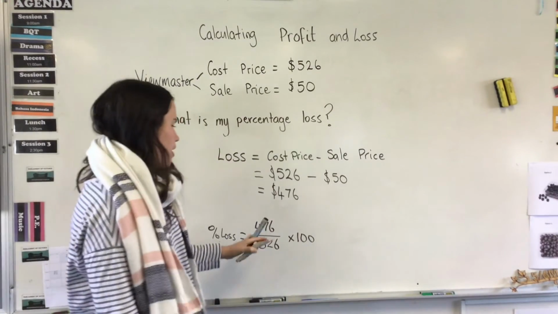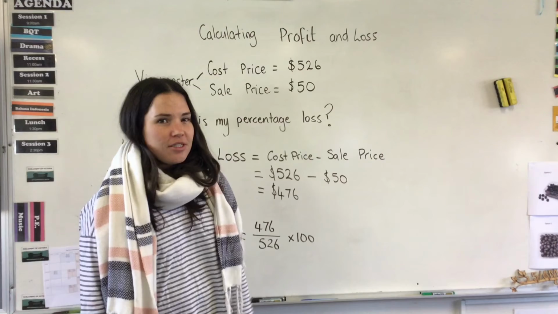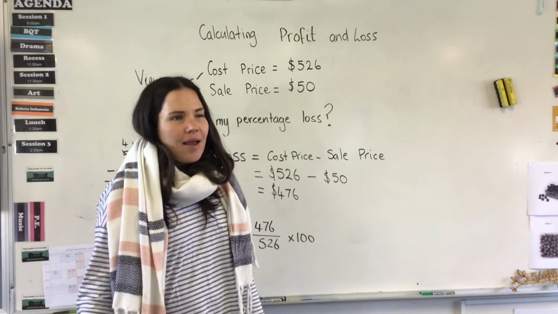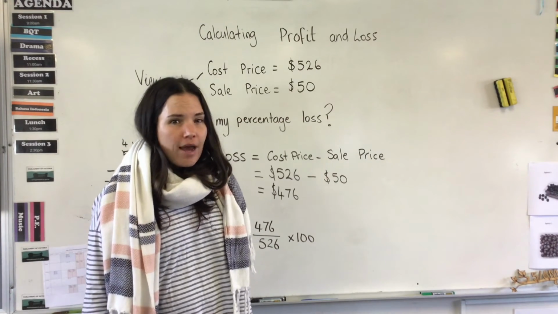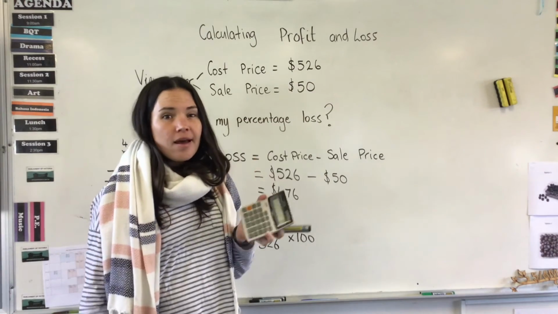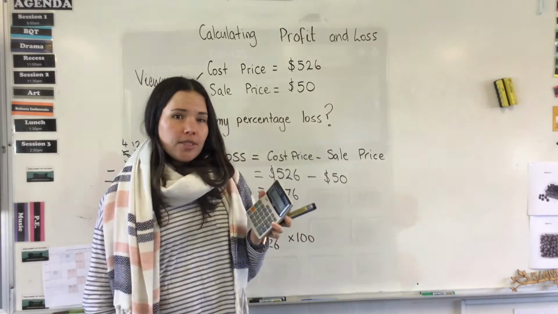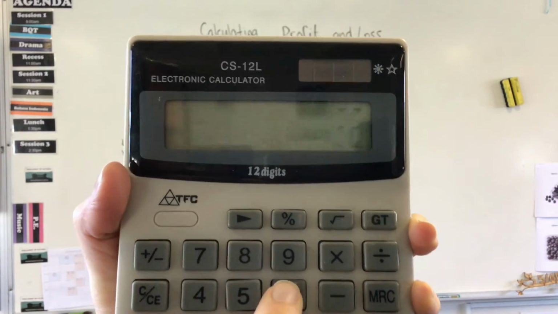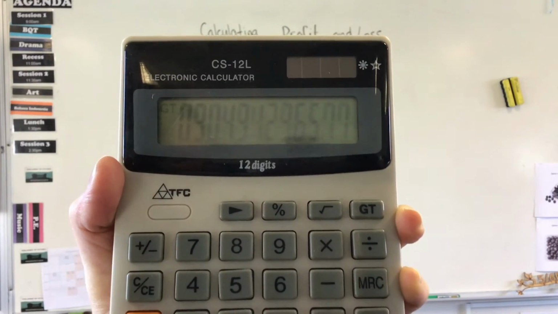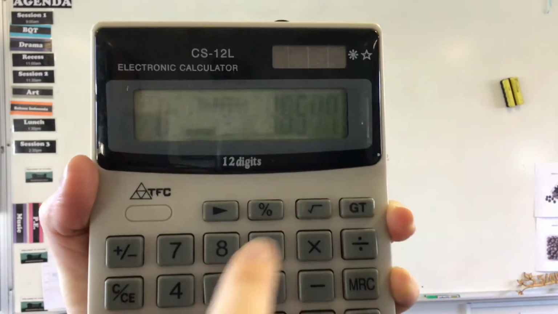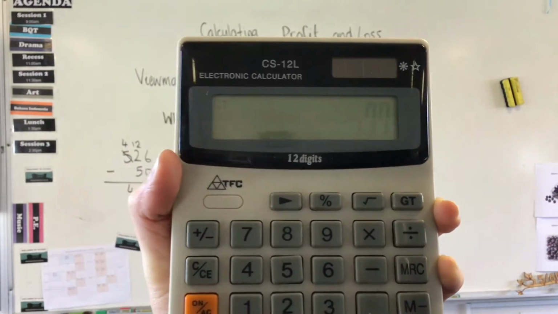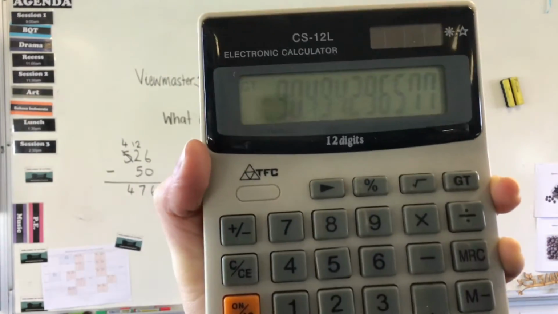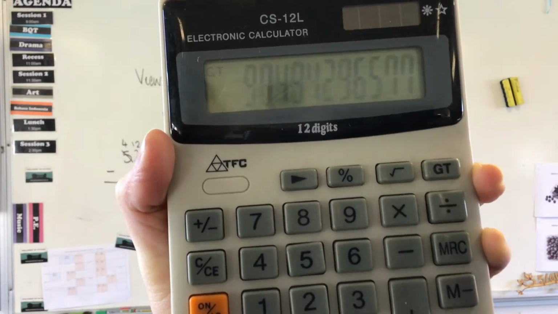Now, dividing a 3-digit number by another 3-digit number is pretty tricky stuff, and we're not really expecting you to have to do that. So we're going to use a calculator, and you can too, even in your post-test. And then times by 100. So we've got about 90.49%.